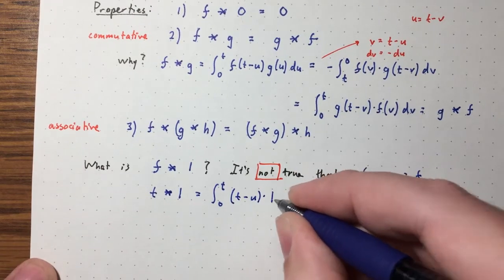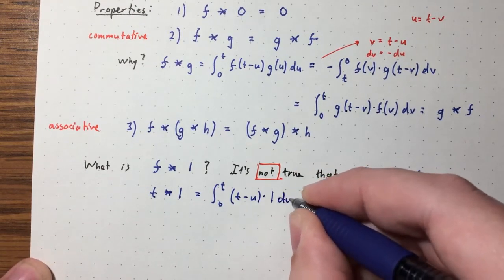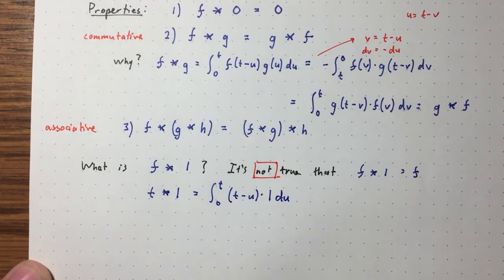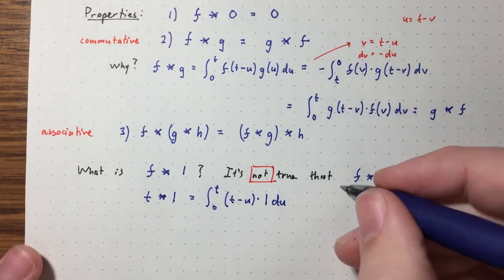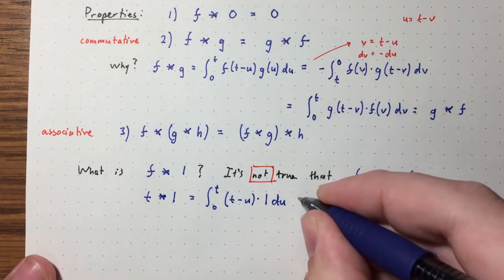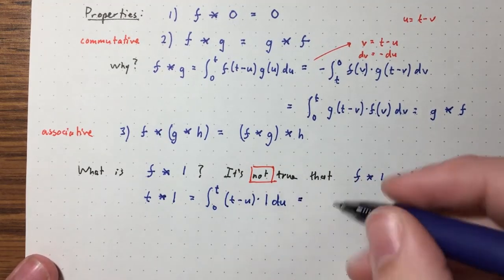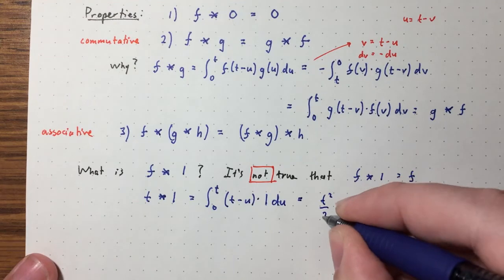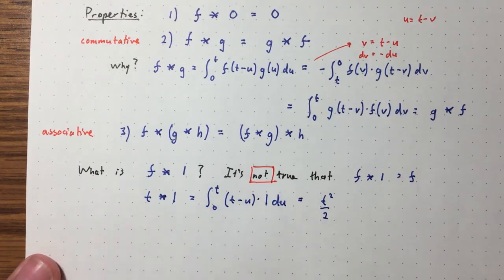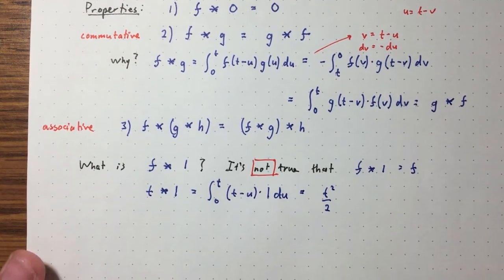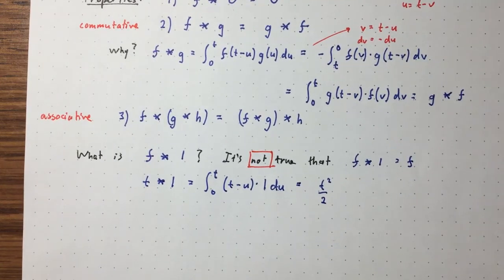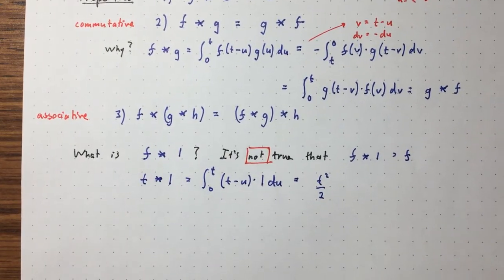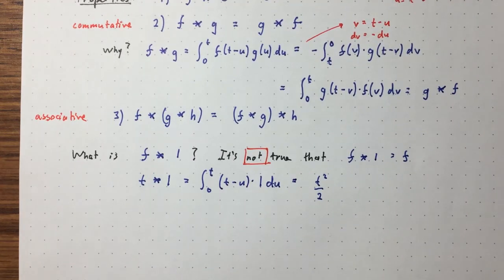It's just 1, so it's just times 1 du, like that. Well, what is this? You can evaluate this and you find that it's t squared over 2. It's not t. So 1 is not the multiplicative identity for convolution.